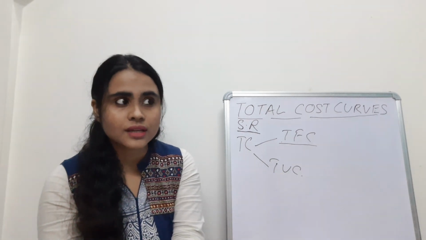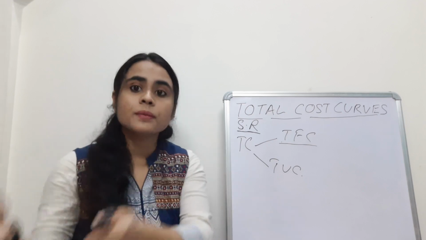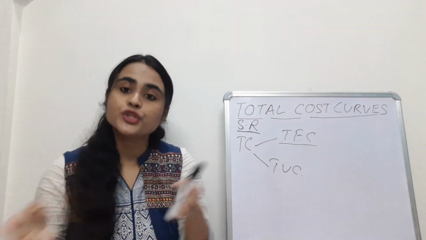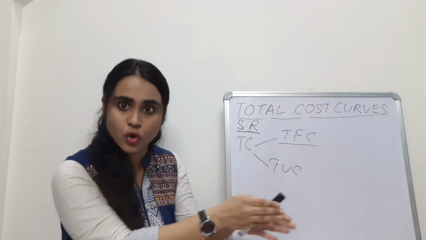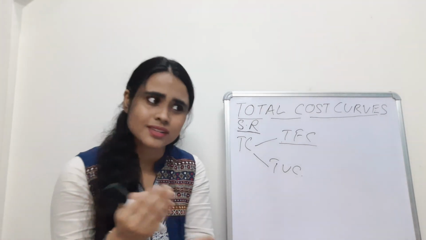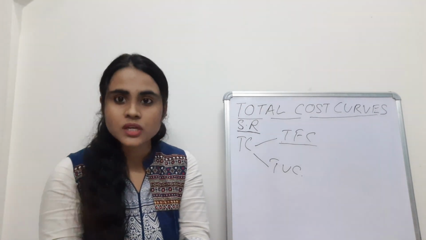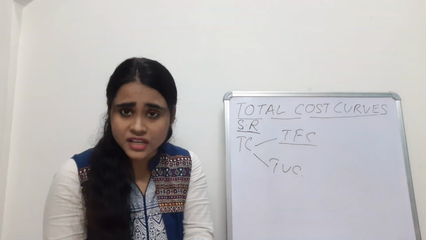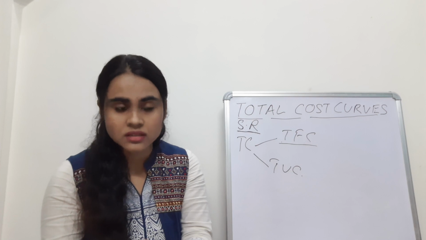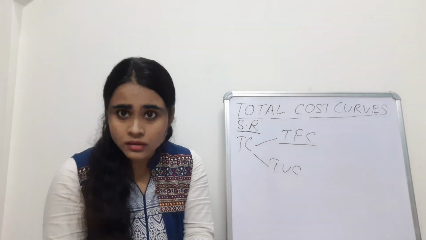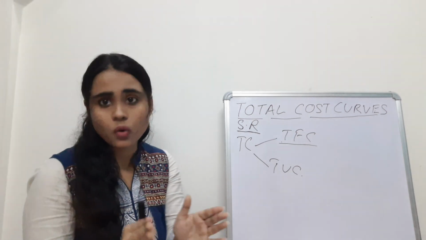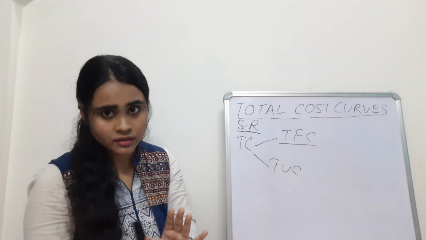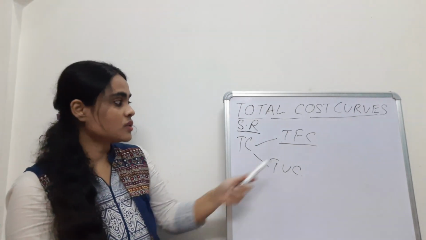Whatever your production output will be, you have to pay a fixed amount of cost in the whole production process. For example, the insurance payment, the interest on capital investment, the property tax, the rent. These are the costs that a firm has to pay in its production process. So these are the fixed costs.